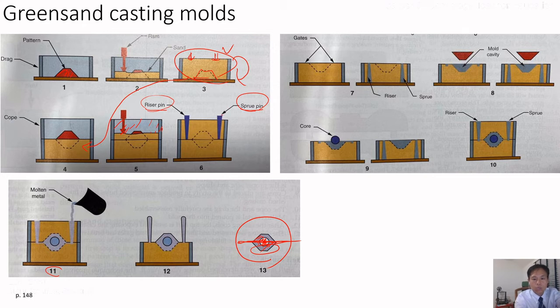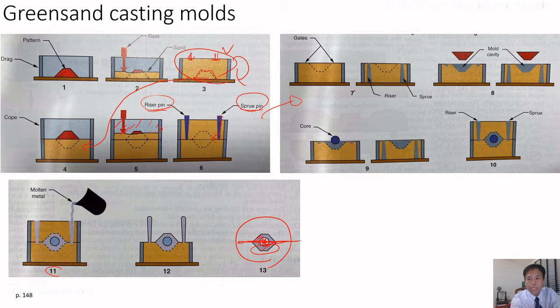So that's why we create sprue pin and riser pin. So if we pour so much metal inside, we need to have the exit. So the exit is the riser pin, right? Anyway, we need to put the two pins, and then go back to the numbers. Go to the next.